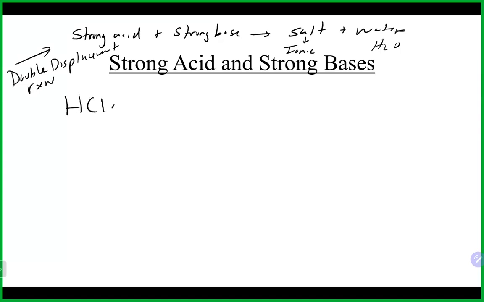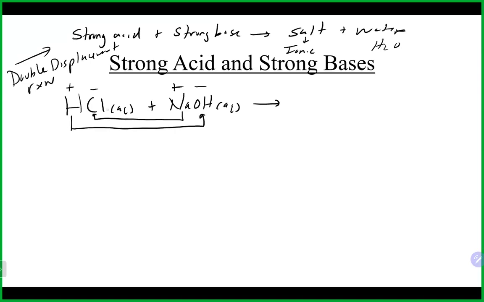say, like hydrochloric acid, which is a strong acid, and we react it with sodium hydroxide, which is a strong base. Again, here, if we look at this positive, positive, and negative, that is a double displacement reaction that's occurring. And what we know with that is we're just going to switch partners here.